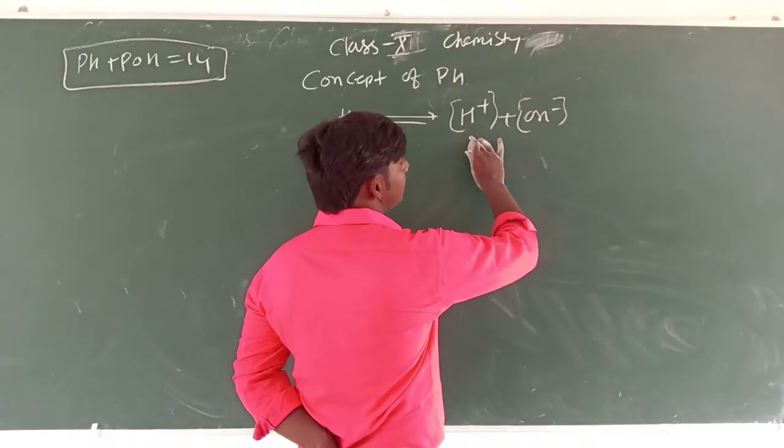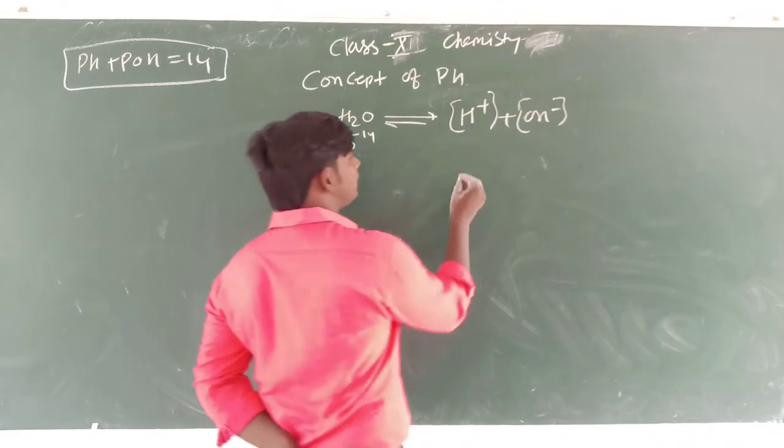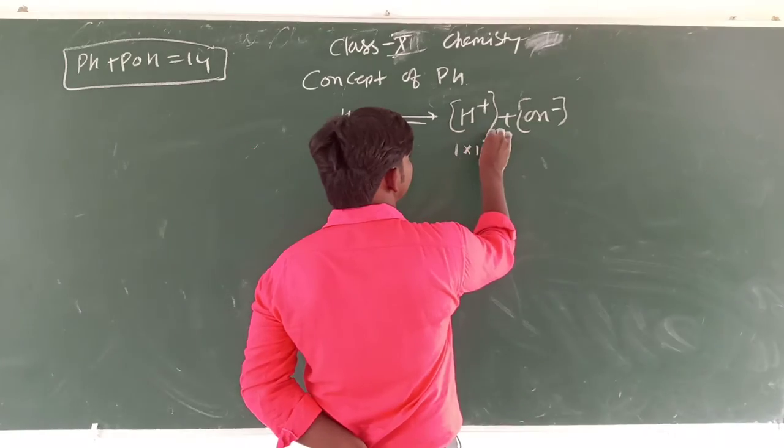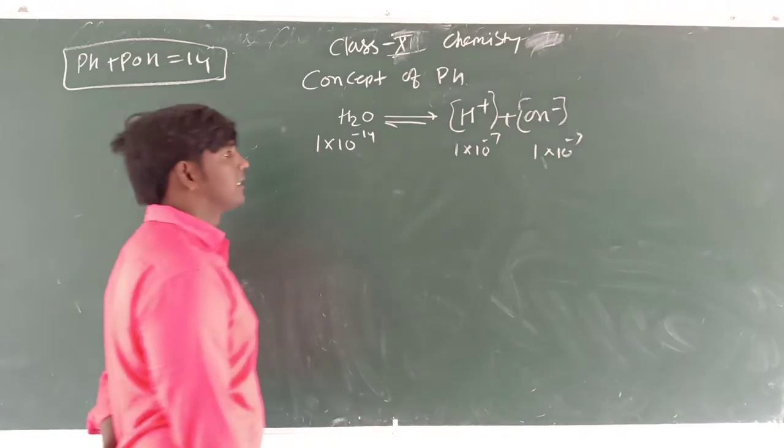Since H plus ion and OH minus ion are in the same extent, we divide it: 1 into 10 raised to minus 7 for H plus and 1 into 10 raised to minus 7 for OH minus ion.